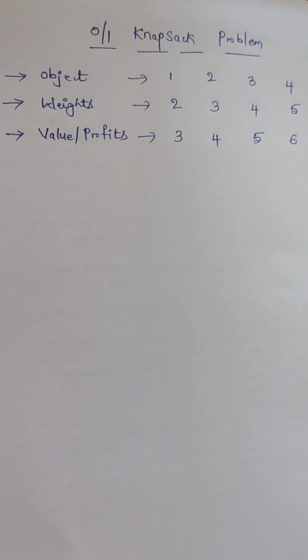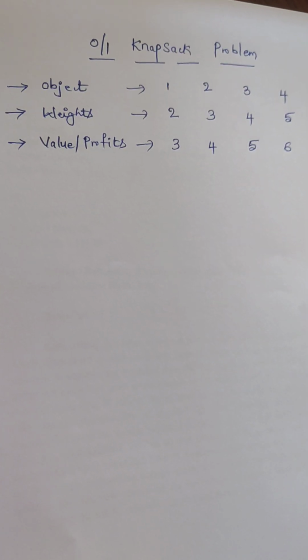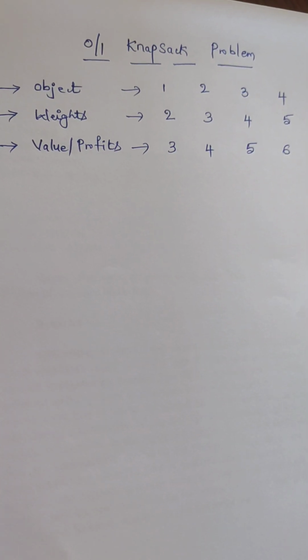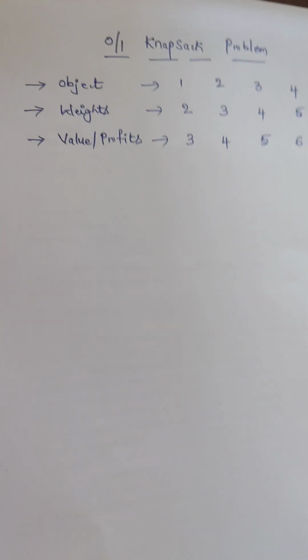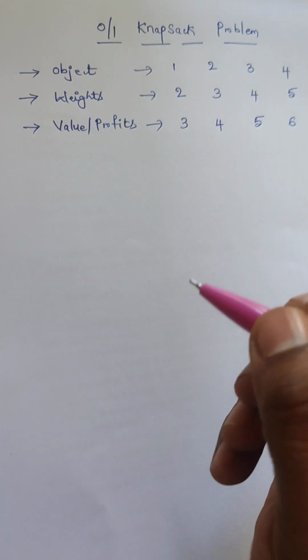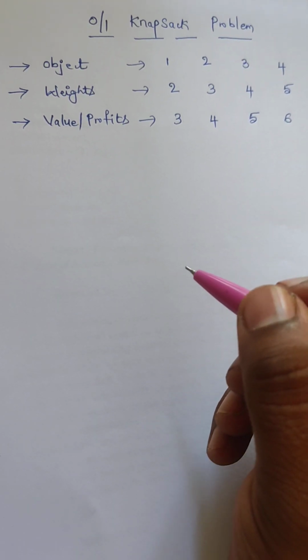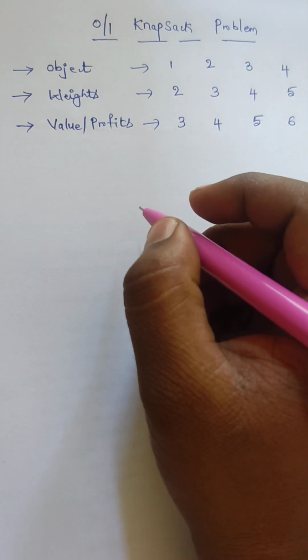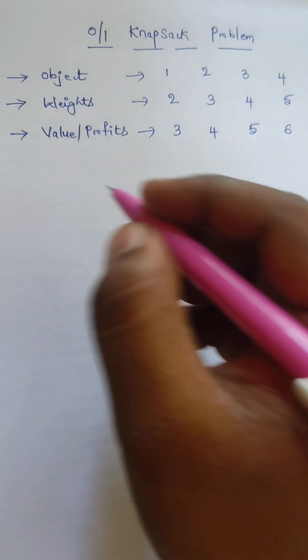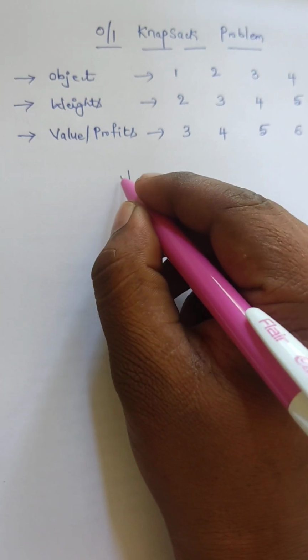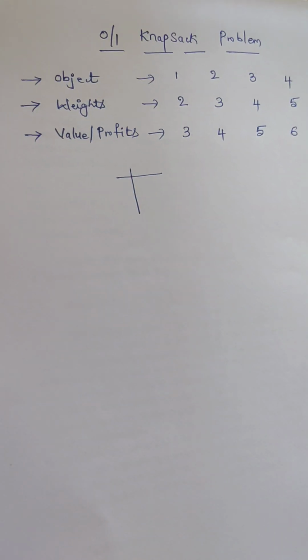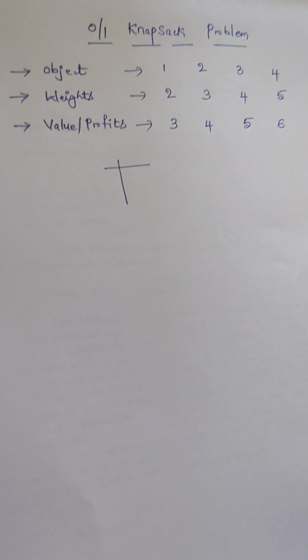So these are the three variables we need to take for the 0-1 knapsack problem. Now we need to check the representation of the 0-1 knapsack problem in matrix form, which is based on the values we have already taken.